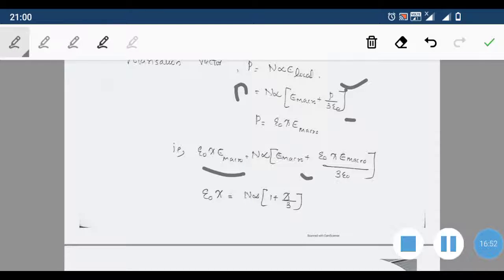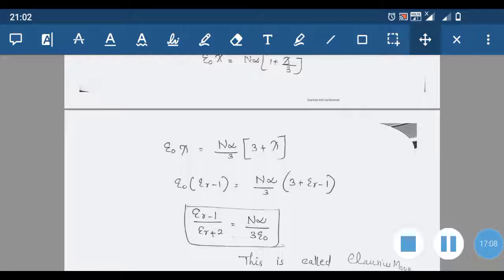Again for P you can substitute epsilon 0 chi E macro. So you can cancel E macro from all these. So epsilon 0 chi is equal to N alpha into 1 plus chi divided by 3.